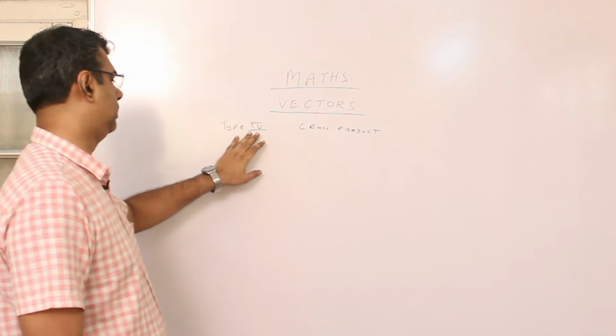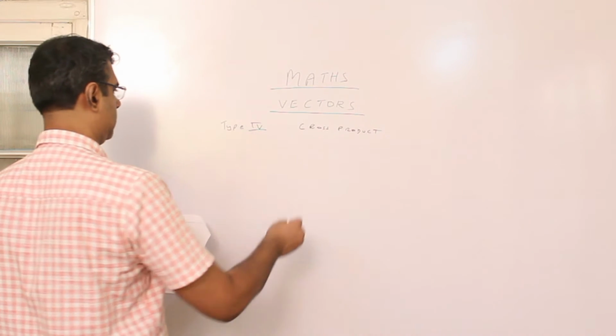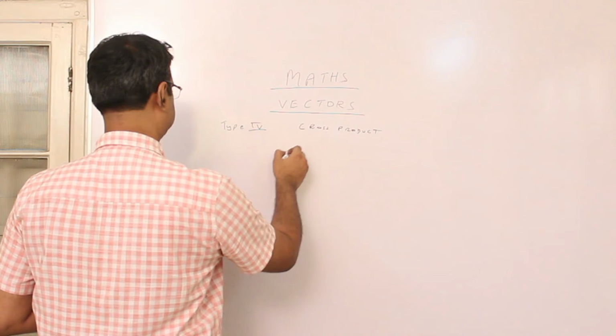Now we come to type 4. Type 4 talks about cross product. First of all, what is cross product?